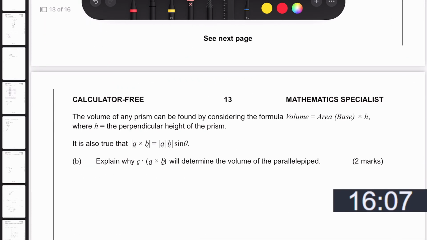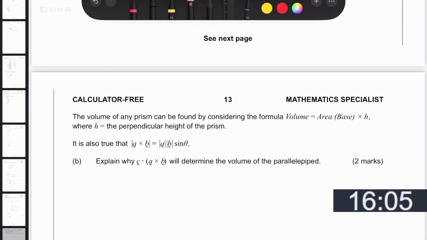The volume of any prism can be found by considering the formula volume equals base times height. Also true there. That explains why I will determine the volume of the parallelepiped.